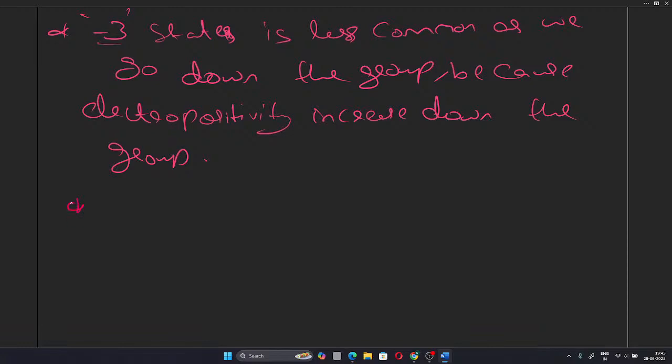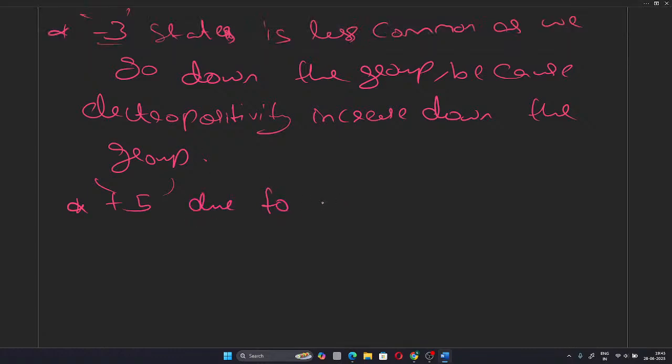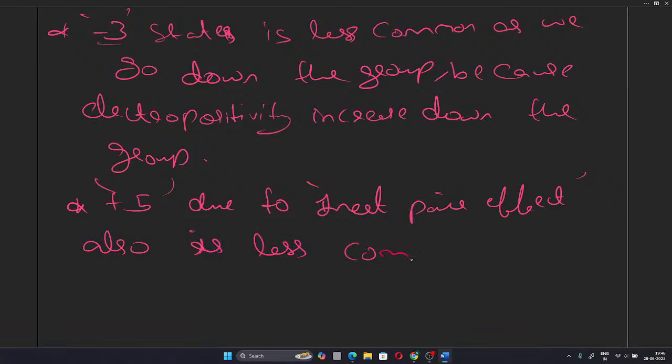And as for +5, due to the inert pair effect, it also is less common as we go down the group.